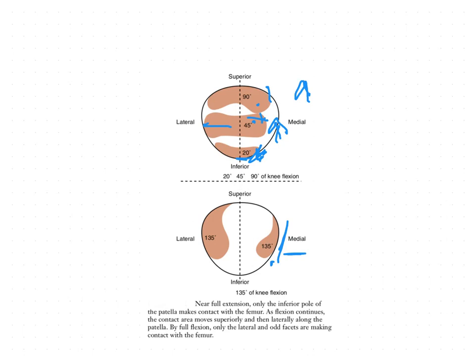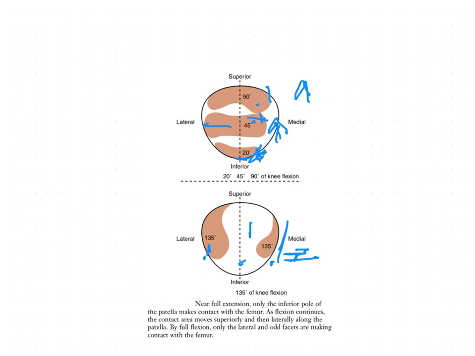At full flexion, the patella is lodged in the intercondylar groove and contact is on the lateral and odd facets, with the medial facet completely out of contact. So the patella is going to contact at the medial odd facet, not the medial facet, and it is also having some contact on the lateral facet.